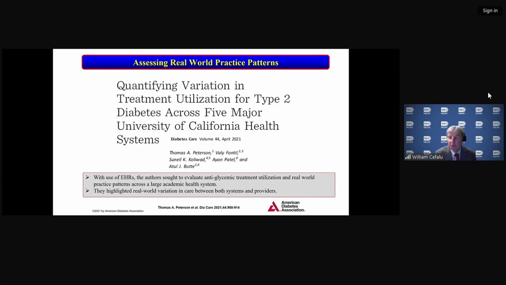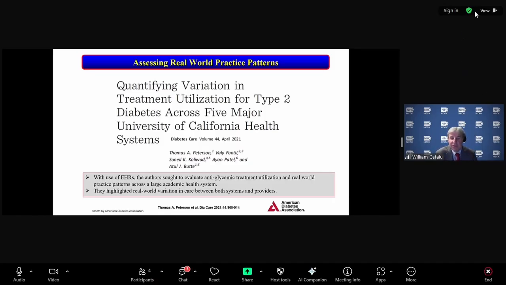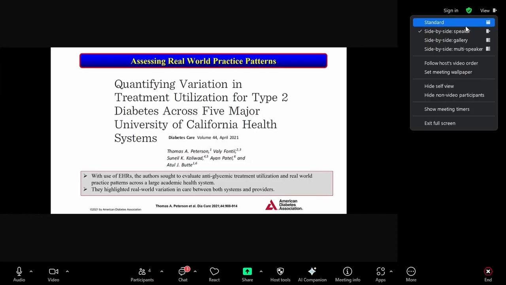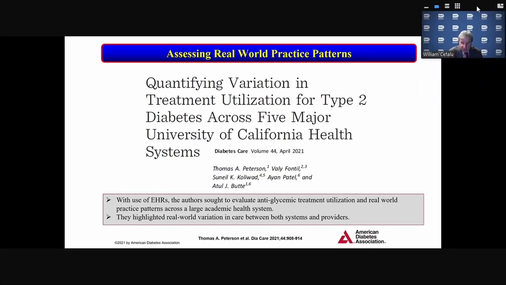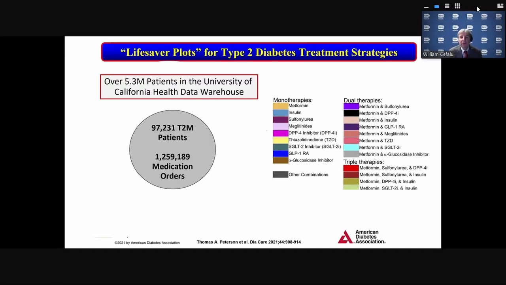So I'd like to share with you now the concern that we have with heterogeneity and treatment heterogeneity. This was a nice study done a couple of years ago by Thomas Peterson and group at the University of California, where they looked at the University of California system with electronic health records and were able to track treatment patterns. In this study, they looked at over 5 million patients in the University of California data warehouse, and found over 97,000 type 2 patients and over 1 million medication orders.